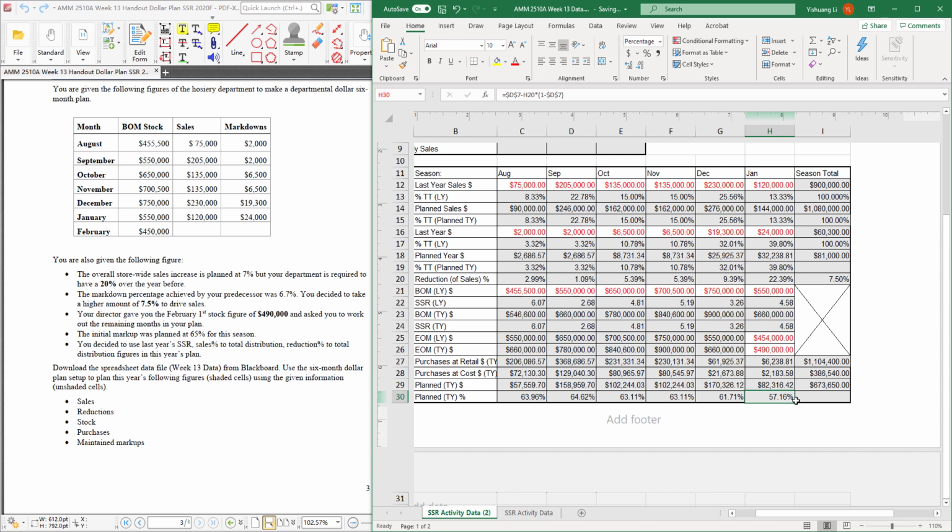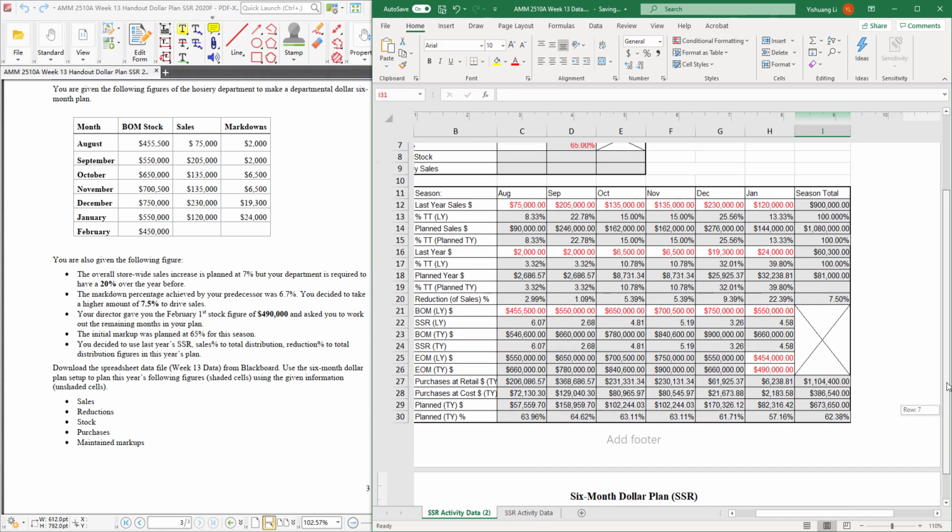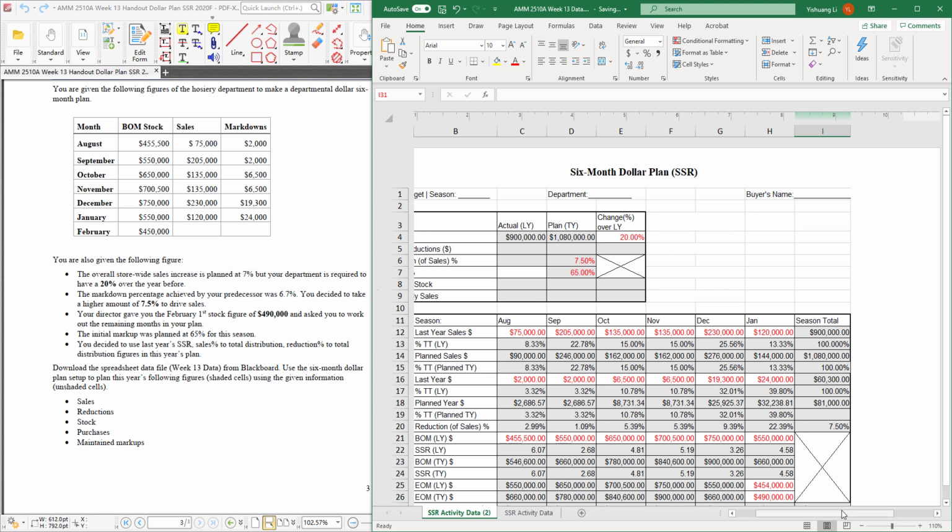We can apply this to get the season maintained markup in percentage. Okay, make sure we're using the season reduction, and also D7 would be the initial markup for the season. And that's how we complete everything.